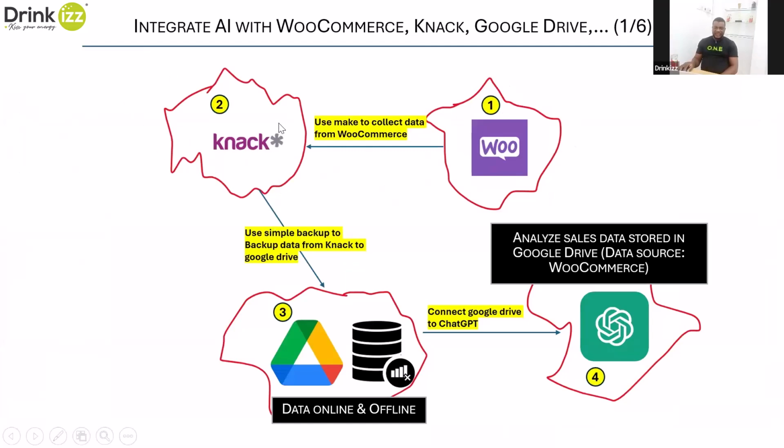Normally I can connect Knack with ChatGPT directly, but it requires a lot of tokens. So with our plan, it is not possible. We need to buy some tokens in order to connect Knack directly with ChatGPT. But it's possible.